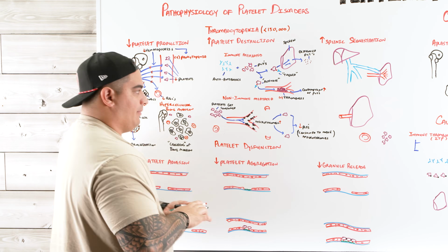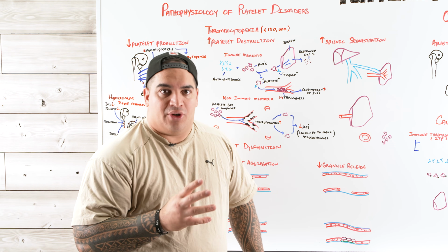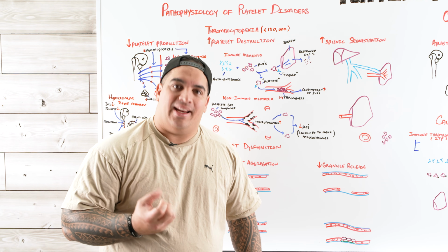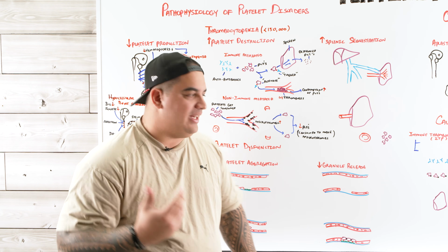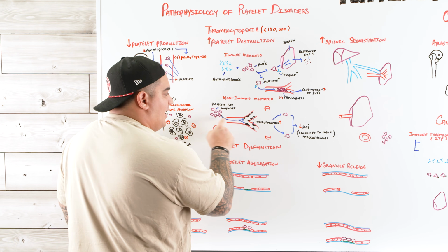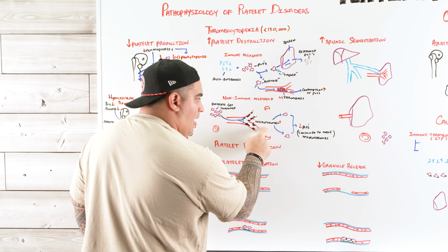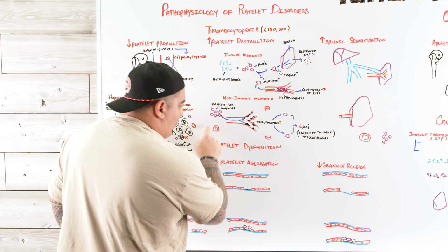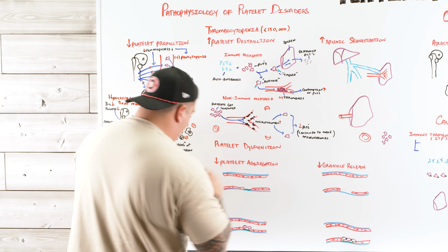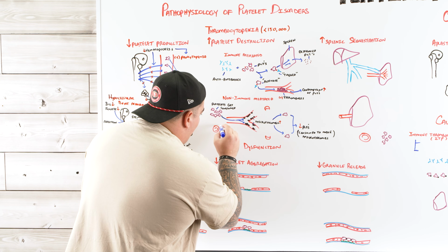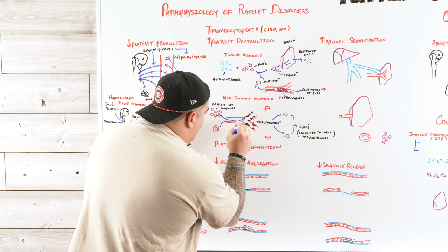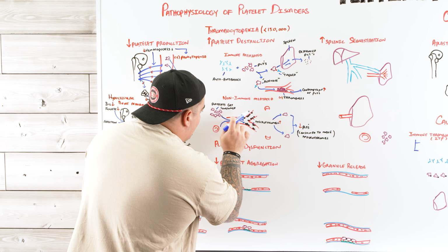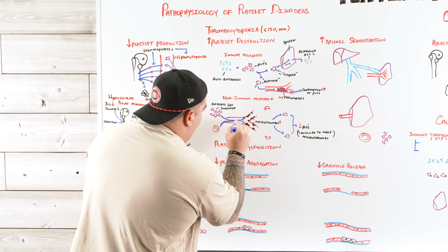One more critical thing to know with non-immune mediated types of thrombocytopenias is that when platelets get consumed to make microthrombi, and that leads to a decrease in their platelet count, the other thing is that red cells, as they move through the vascular system, come into contact with these microthrombi.